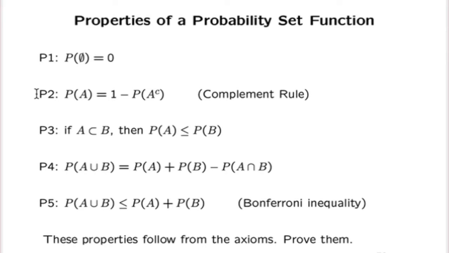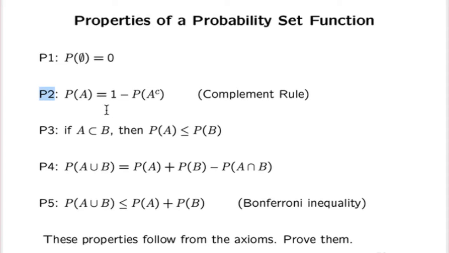Now the second property, property 2, is that the probability of A is equal to 1 minus the probability of A complement. In other words, the probability that A occurs is equal to 1 minus the probability that A does not occur. Now we could rewrite this and we could solve this equation for the probability of A complement, and we would have it expressed as we expressed it before in the context of, I believe, relative frequency probability.